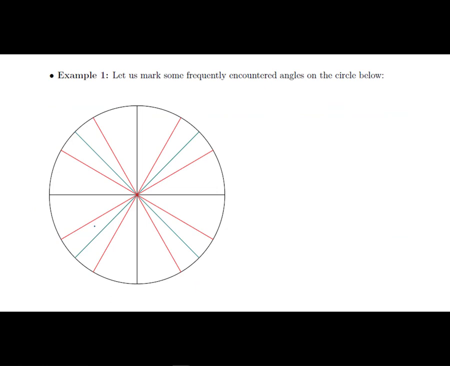So what I want to do on this slide is to go through and mark some of the important angles that we're going to encounter throughout this course. I want to focus on the black lines that you see here, these four black lines that I've drawn in this circle. So first of all, let's notice that the black lines divide the circle into fourths, right?